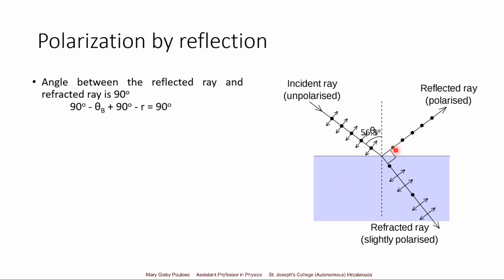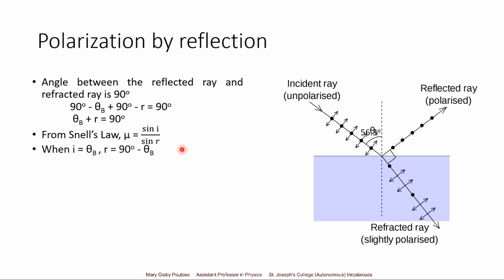Hence, this angle is 90 minus theta b, and this angle is 90 minus r. So 90 minus theta b plus 90 minus r is equal to 90 degrees. From that, we get theta b plus r is equal to 90. Now, by Snell's law, the refractive index of the medium is equal to sine i by sine r.